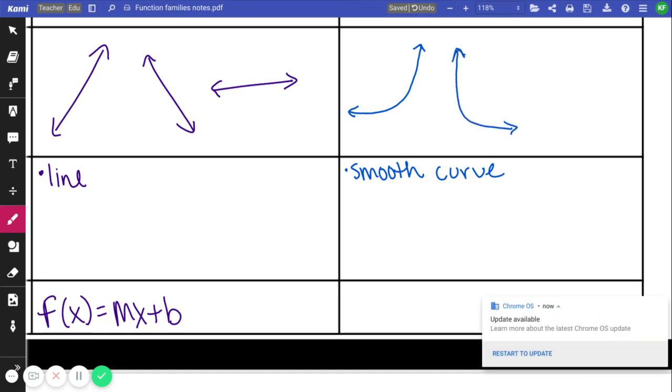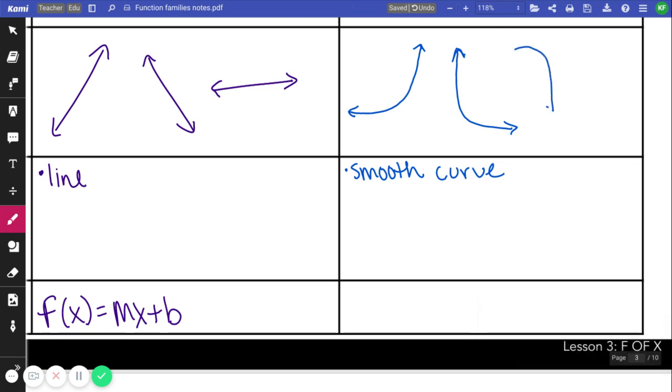They can go up to the right, down to the right. They could even be flipped over like this. Notice they each have this part that looks like it's flattening out. That's a special characteristic of an exponential function, and it kind of gives you an L shape. So that might be an easy way to remember what it looks like.